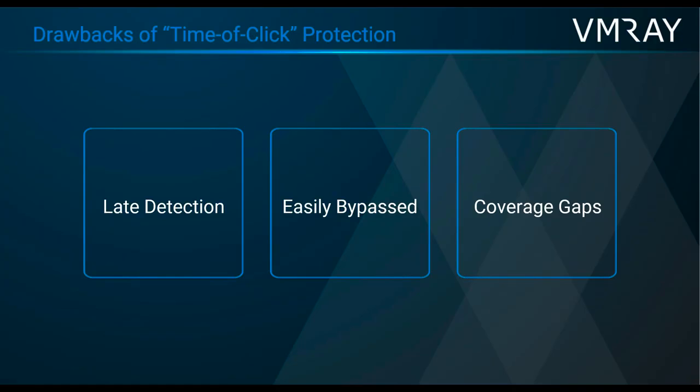The drawbacks of time of click are that detection is later in the process, which increases the risk to the user and has a negative impact on productivity. These can also easily be bypassed by malware authors, and the use of safe links makes it harder for other products to work together. Lastly, we see gaps in coverage, especially with attachments that have embedded links.